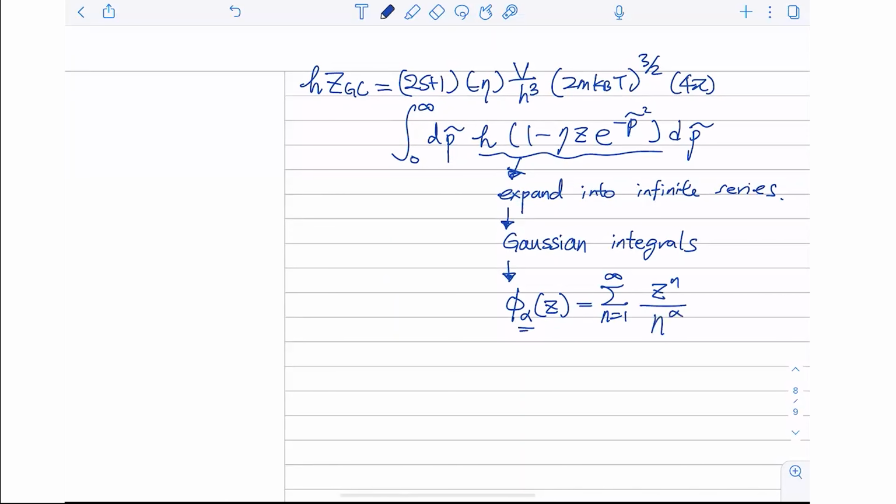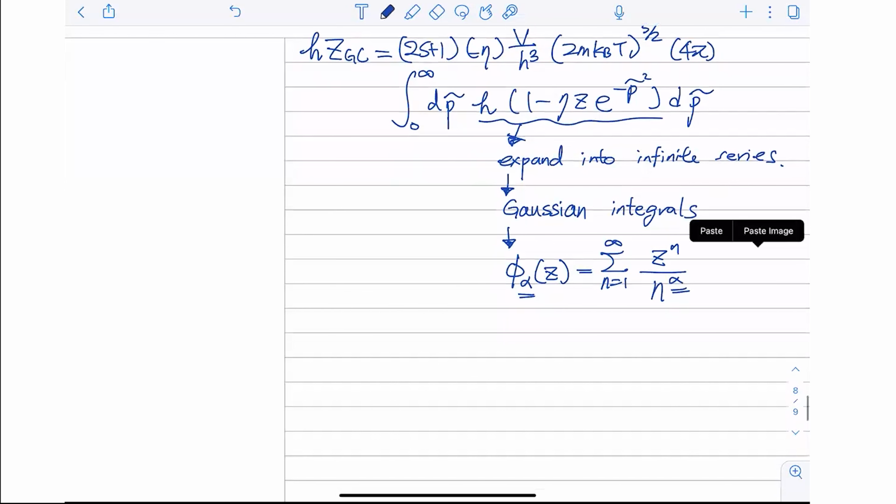And here alpha is the parameter for this special function. So for the grand canonical partition function, after you perform these steps, you will get this expression.